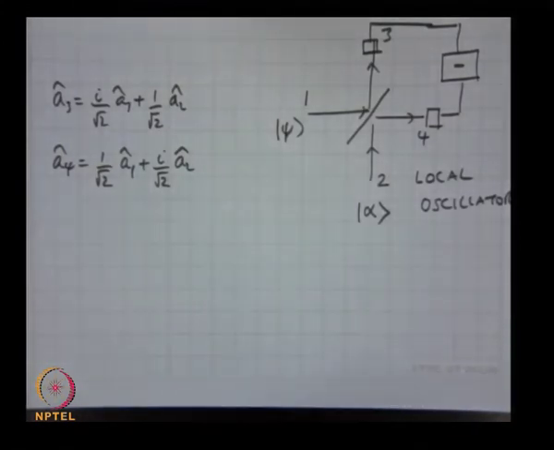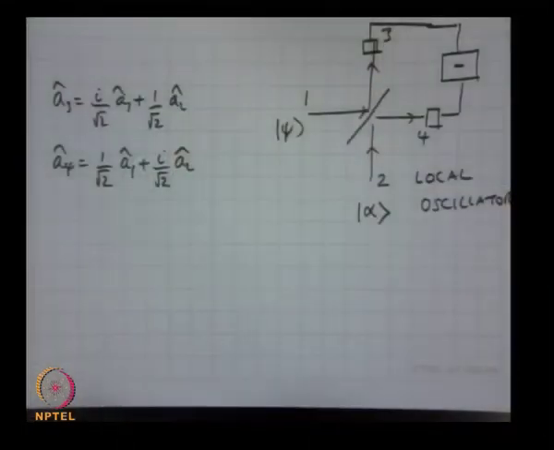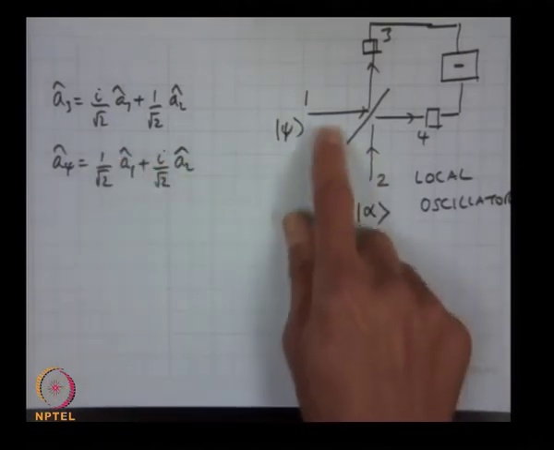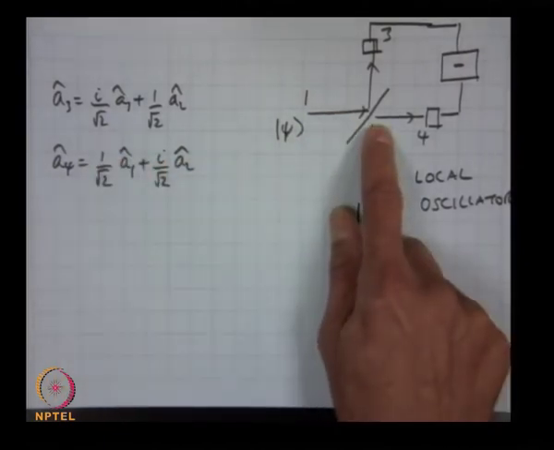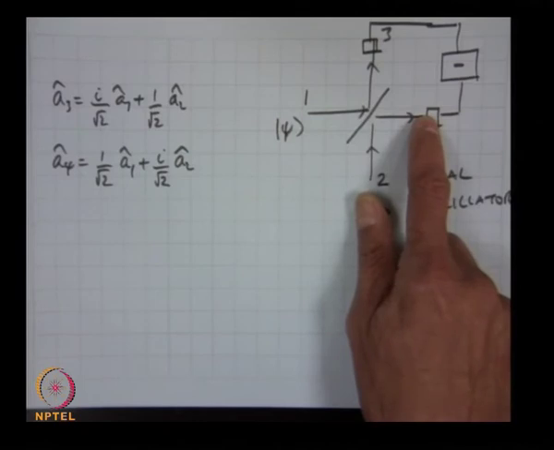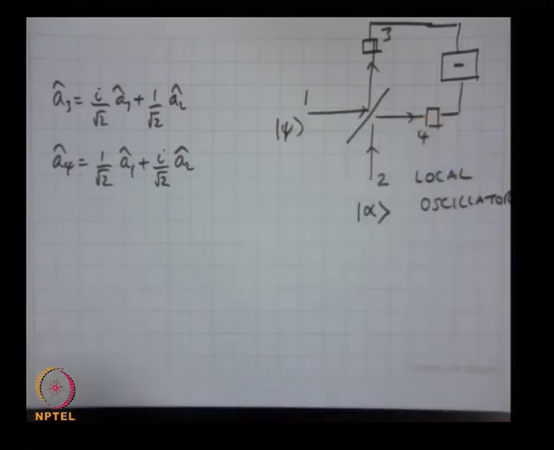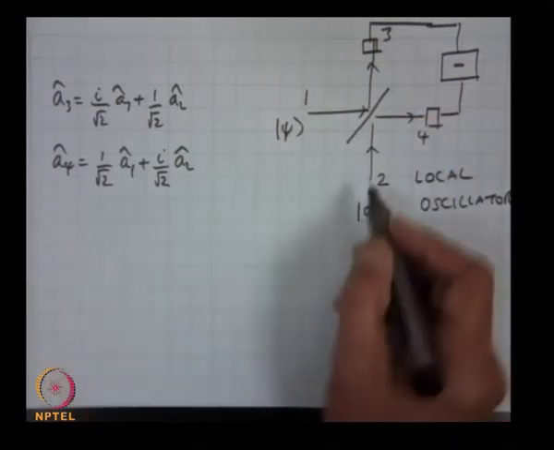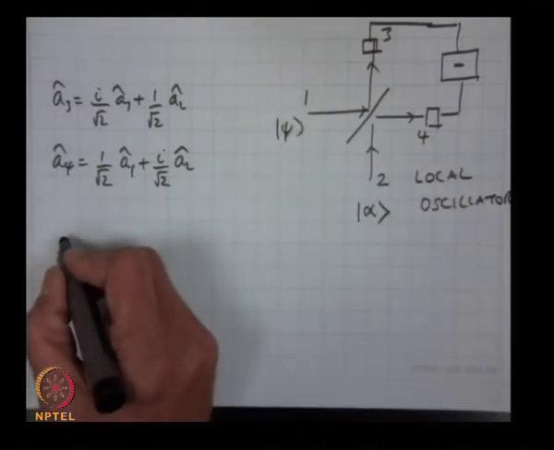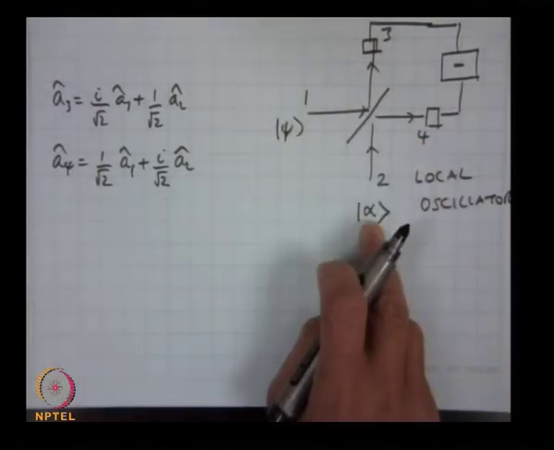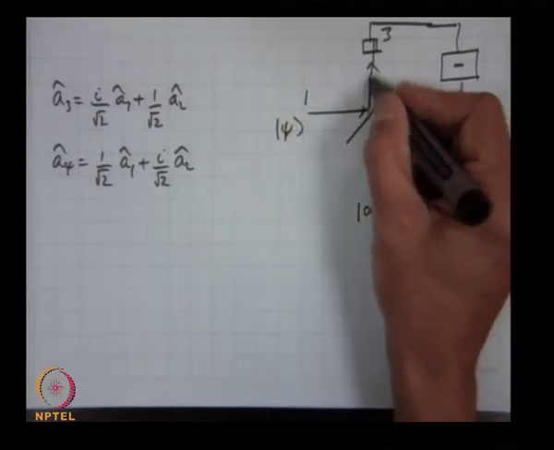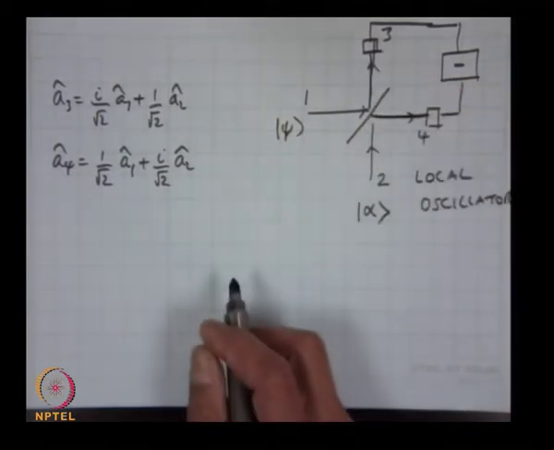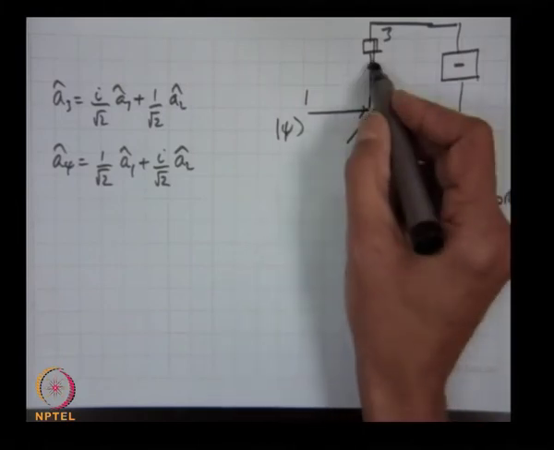And here we will follow a slightly different procedure, as follows. It's a Heisenberg picture. So what I will say is the beam splitter modifies A1 and A2 at the input to A3 and A4. So I will represent the state of the system by the input state, and all observables at the output will be calculated by expectation values of these operators with respect to this.